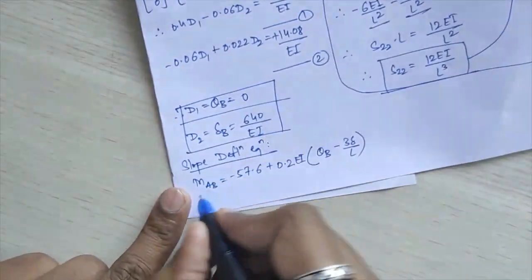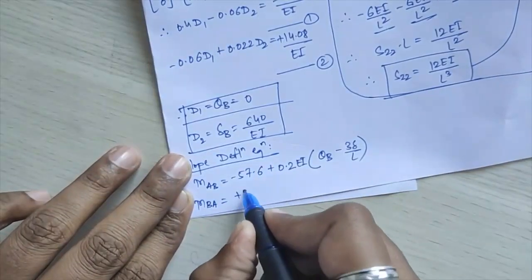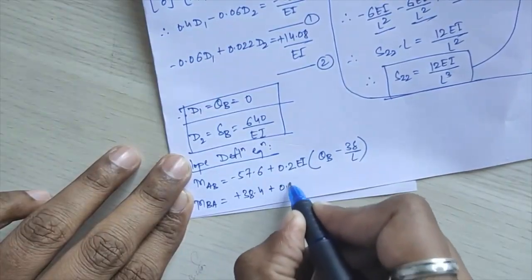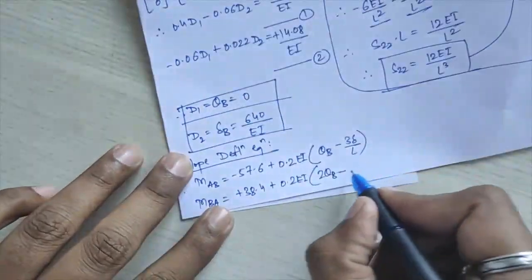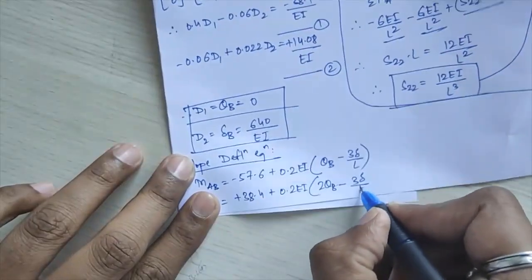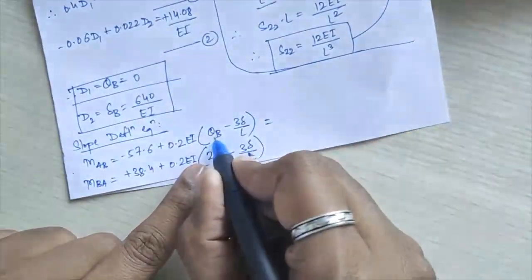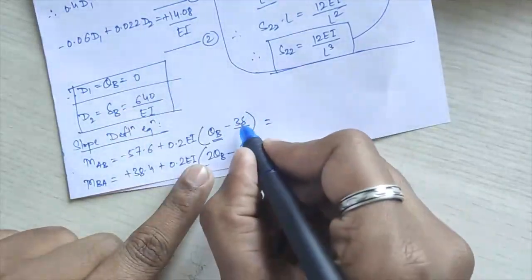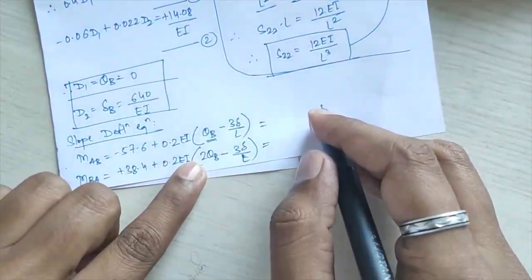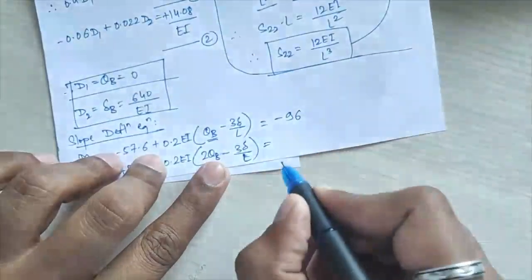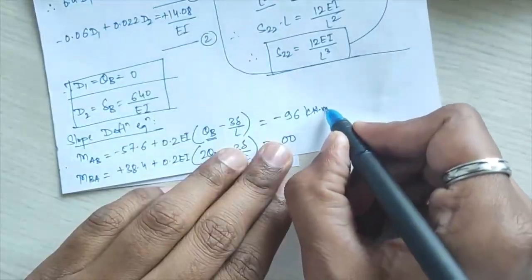Next, MBA you will calculate in the same way. MBA will be MFBA, that is 38.4, plus 0.2 EI into the bracket 2 theta B minus again 3 delta upon L. So if you substitute the value of theta B as 0 and delta as 640 in both the equations, I have got MAB equal to minus 96 and MBA as 0 kilonewton meter.